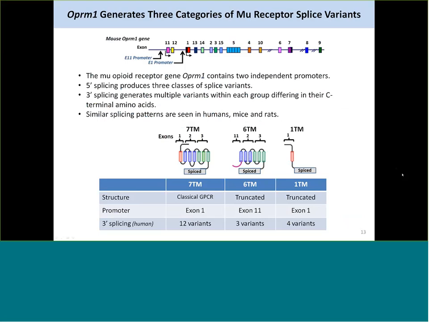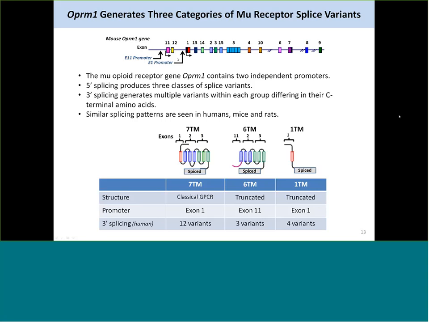This provides a schematic of the general splicing patterns of the mu-opioid receptors. These splicing patterns are maintained in mice, rats, and humans, and there are 3 major predicted forms of the receptor. The traditional 7-transmembrane domain receptor that you can see here is the classical GPCR.